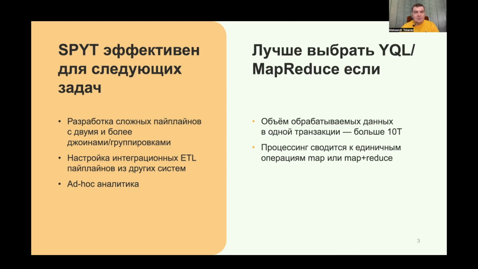This is why Spark is no longer efficient when it comes to such large data. The second case is when the processing comes down to single map or MapReduce operations. For those, we at YTsaurus have other operation types such as map and MapReduce, as well as intermediate sorting.